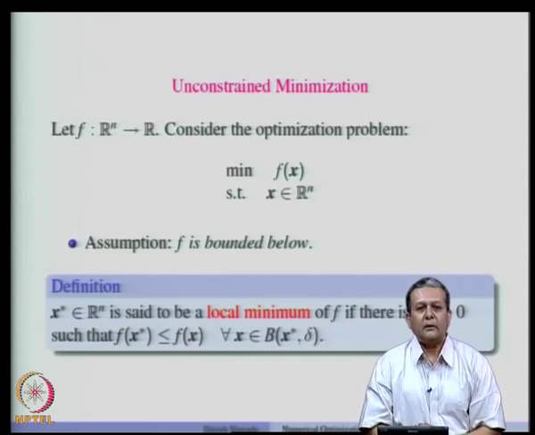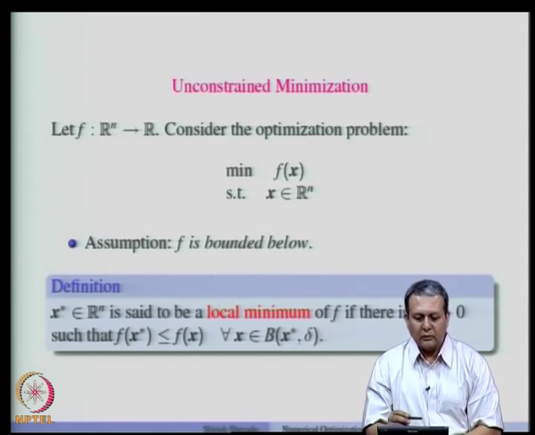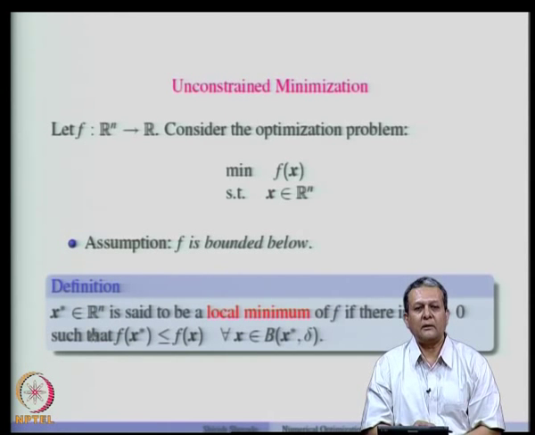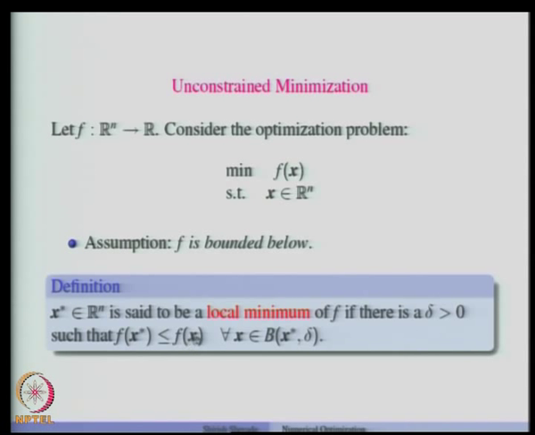Now, recall that it will be difficult to find a global minimum of an unconstrained minimization problem. So, instead we would be interested in finding a local minimum. Recall the definition: x star belonging to Rn is said to be a local minimum of f if there exists some delta greater than 0, such that f of x star is less than or equal to f of x in the delta neighborhood of x star.